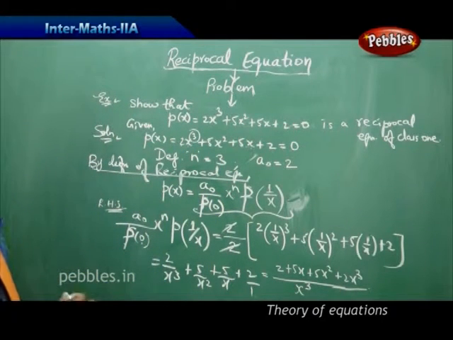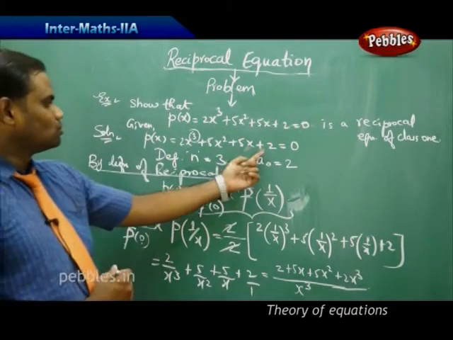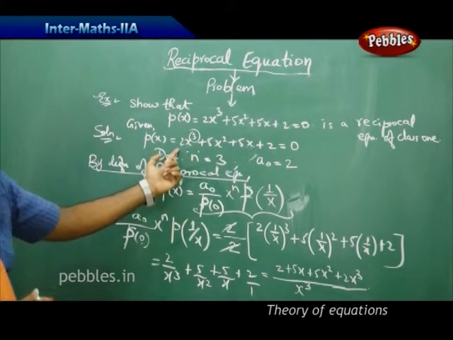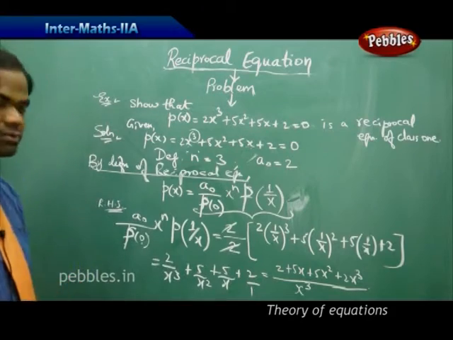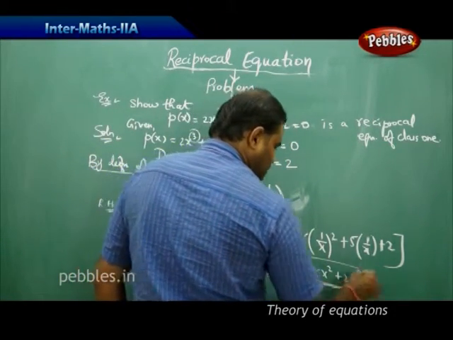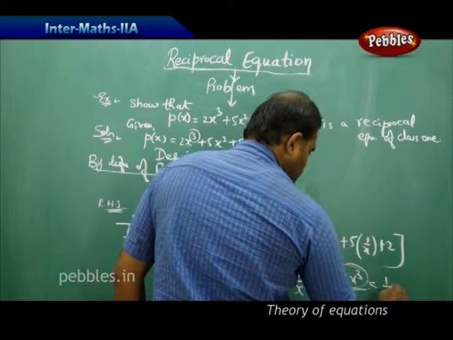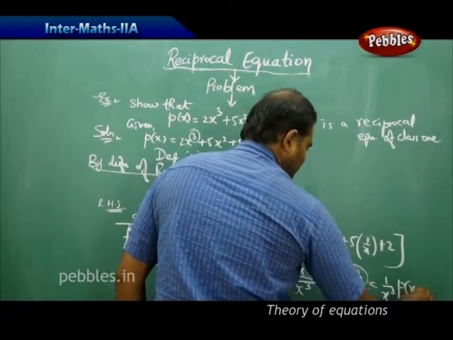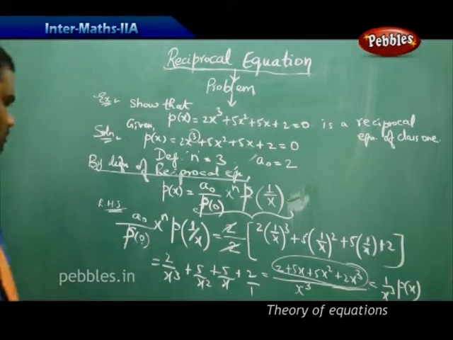Rearranging each of the terms, I find that this entirely is equal to 1 by x cube of P of x.